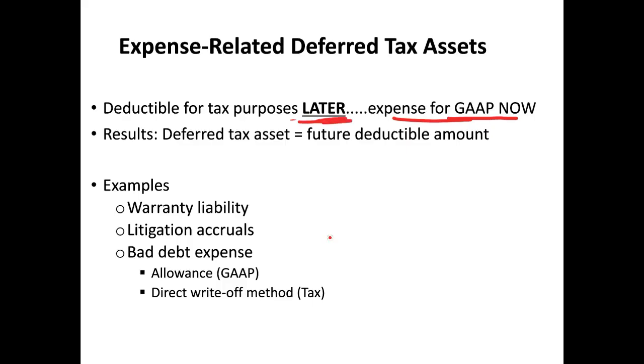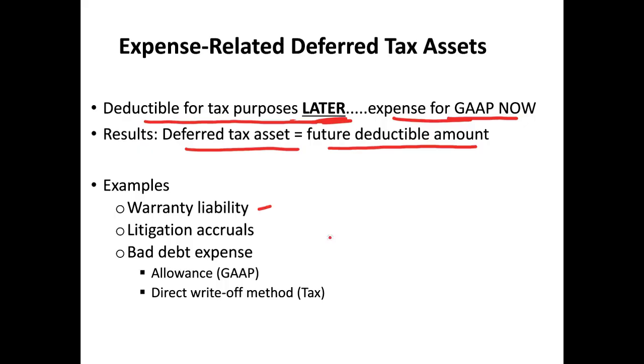And usually later means when that expense is actually paid out. So in the future, we're going to have some sort of deduction on our return. So we have a future deductible amount, and we are going to record an asset called a deferred tax asset for that. Let's go through a couple of examples of expense-related deferred tax assets.